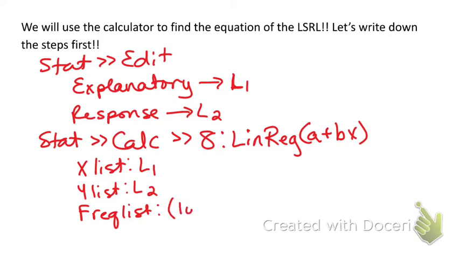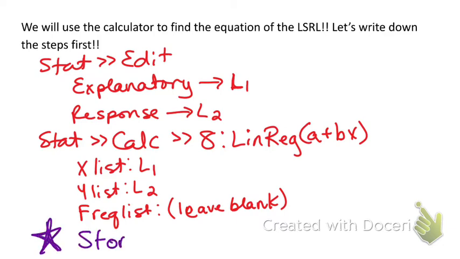So we're just going to leave this blank. But then it asks us a very, very important question. Your calculator is going to say Store RegEQ, which looks a little strange. Any ideas what that might stand for?